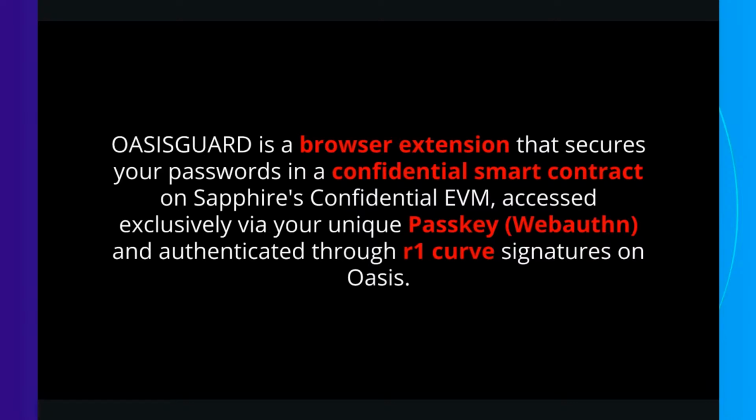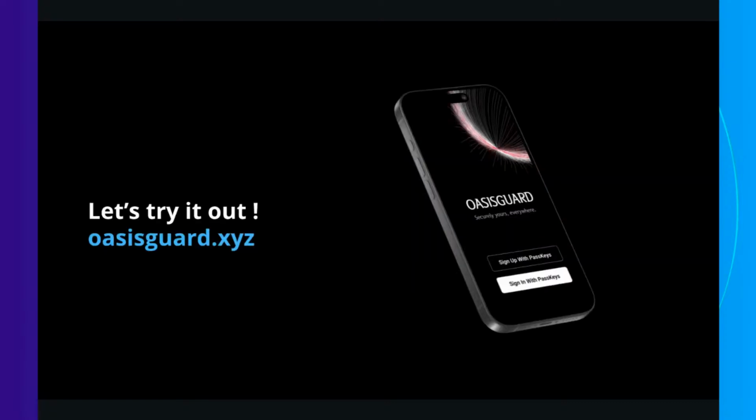We use Sapphire's confidential EVM, accessed exclusively via our passkeys, authenticated through R1 curve signatures on Oasis. After that, we can show the demo. I think it's more fun compared to the presentation, and Utku will show our demo.